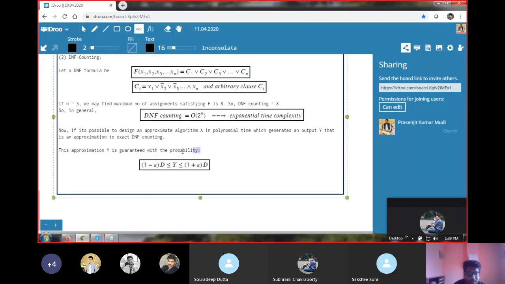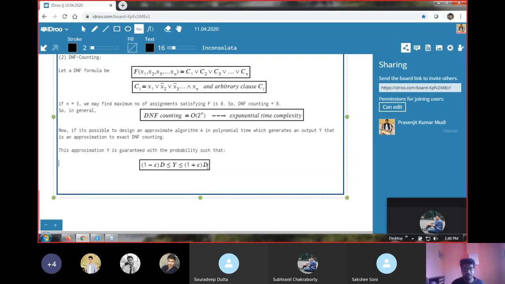Then this language will be with the probability such that (1 minus epsilon) D is less than or equal to y.